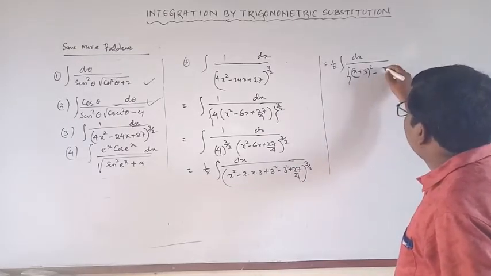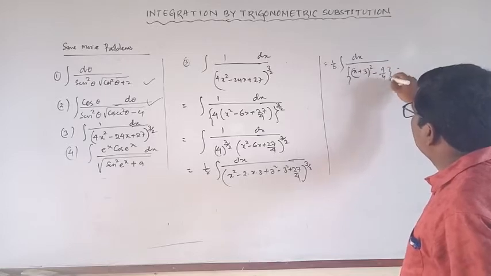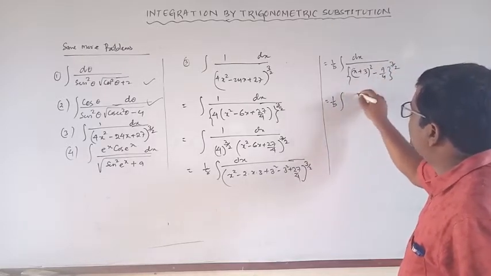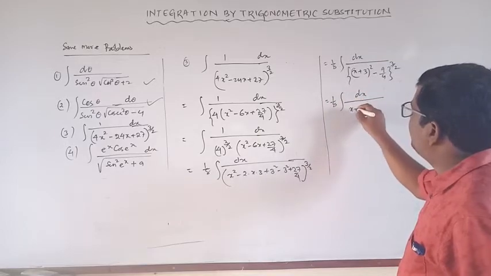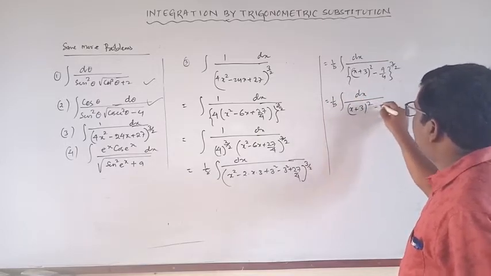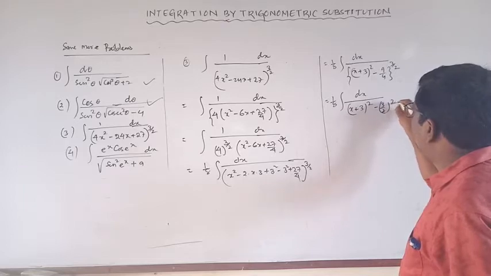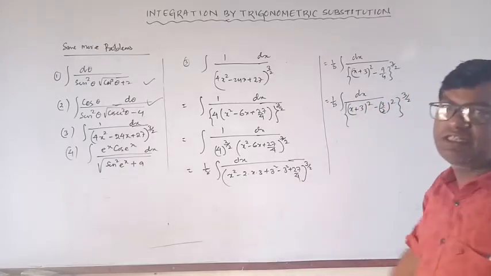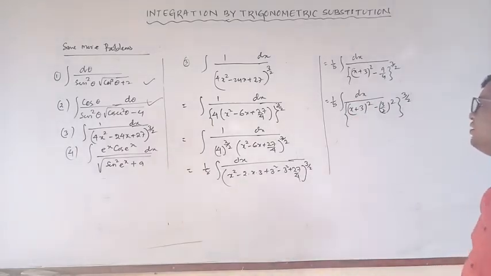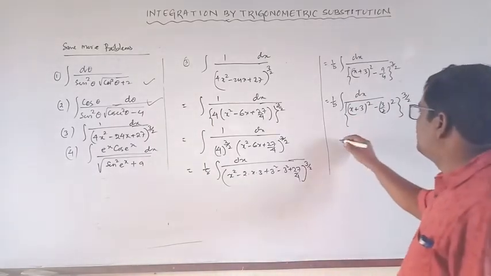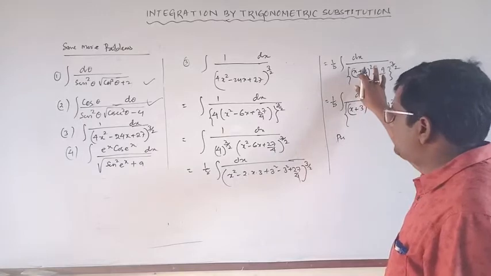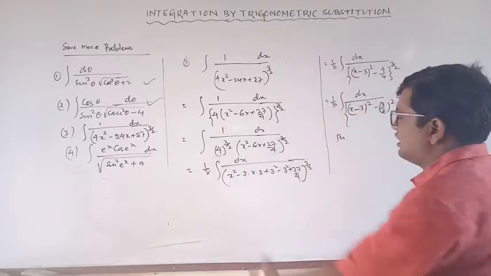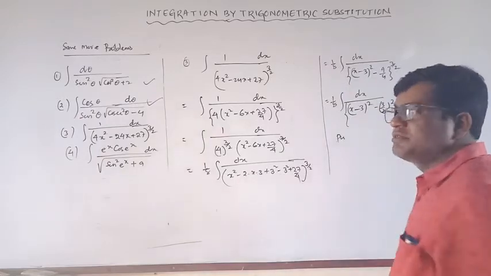So this is 1 by 8 dx by x minus 3 whole square minus 3 by 2 whole square, whole to the power 3 by 2. Now this is in the form of x square minus a square.